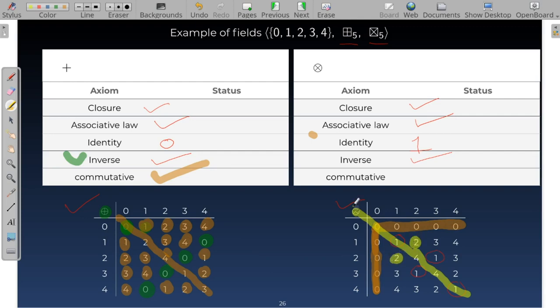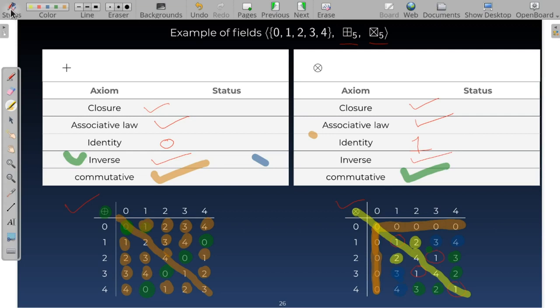Then you have 3 here and then 3 here. You have 4 here, then you have 4 here. Now you have 3 here, then you have 3 here. You have 2 here, then you have 2 here. So you can see that with respect to the principal diagonal, this is going to be symmetric, and that's why it is going to be commutative as well. So this is commutative.